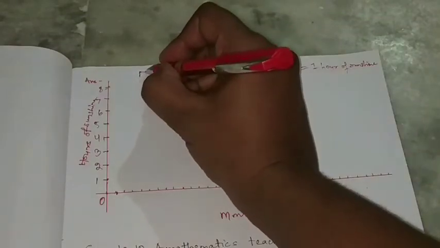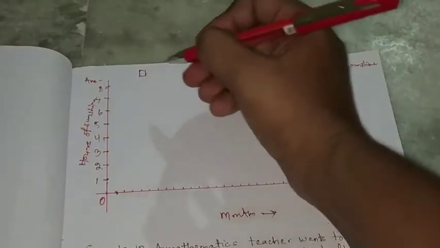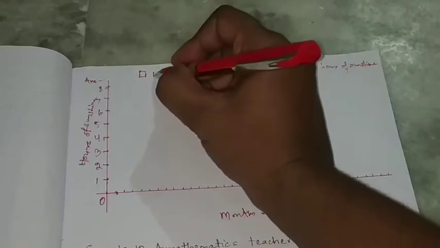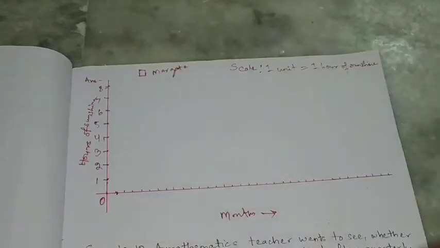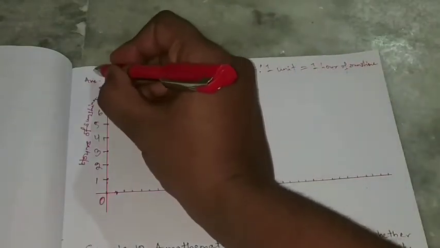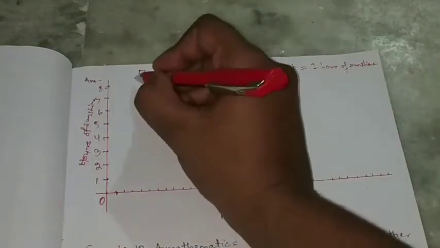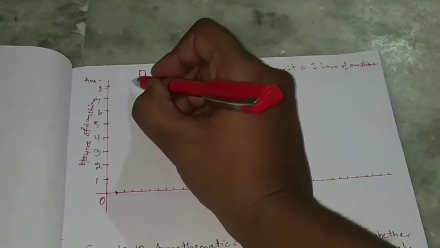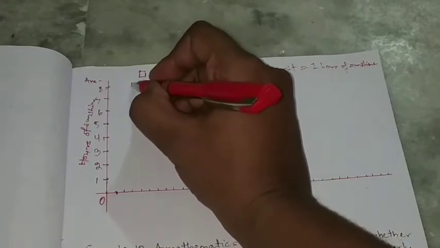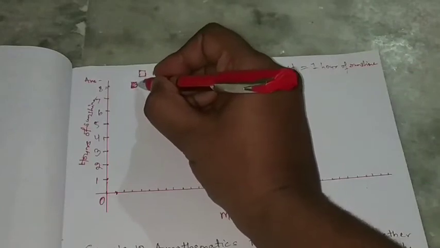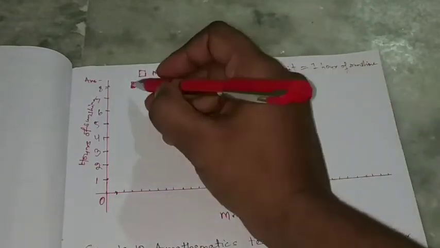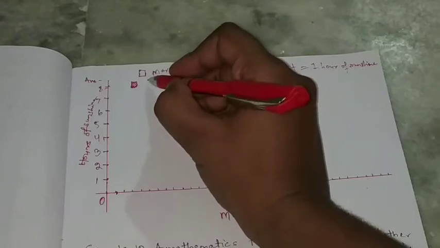For Margaret, the bar will be normal, and for Aberdeen, what I will do? For Aberdeen, I'll make like this. Crossed one for Aberdeen.